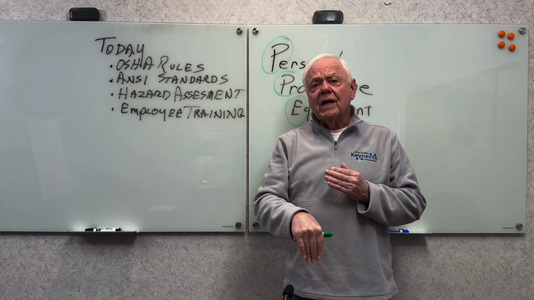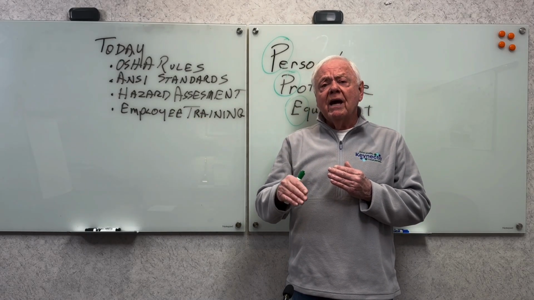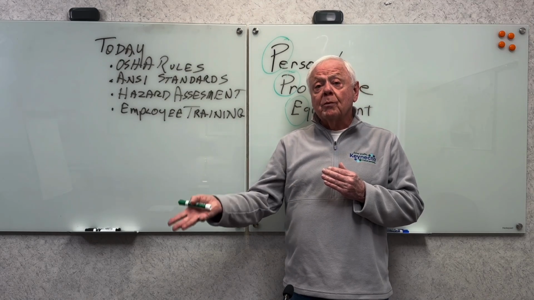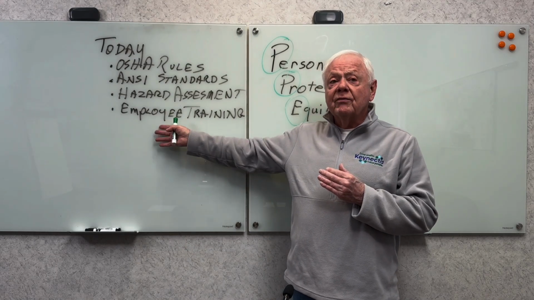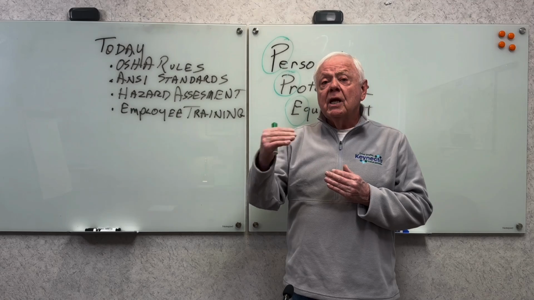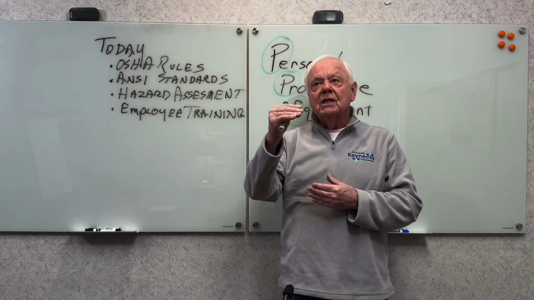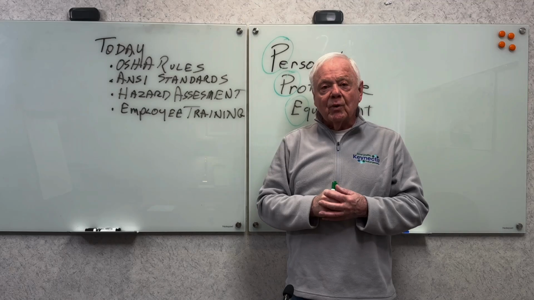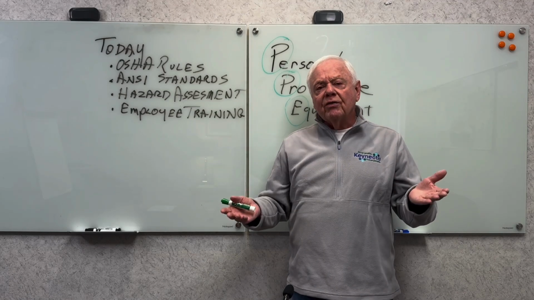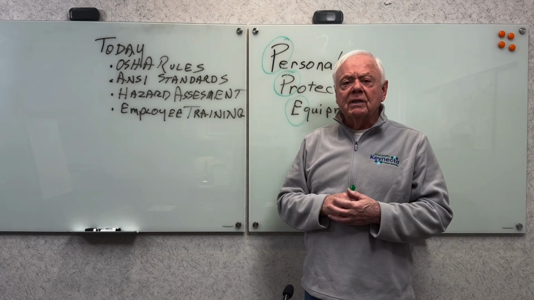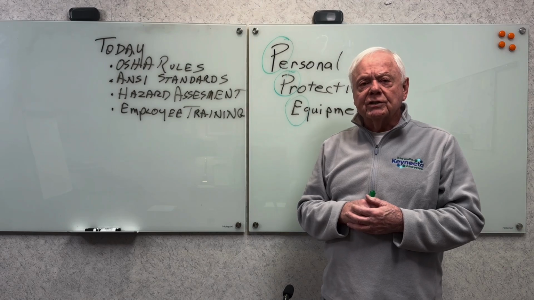After this training, you should have a short discussion with your supervisor talking about these training requirements, and they may ask you to demonstrate that you can do these things properly. So with that, let's go ahead and jump into this PPE discussion today.